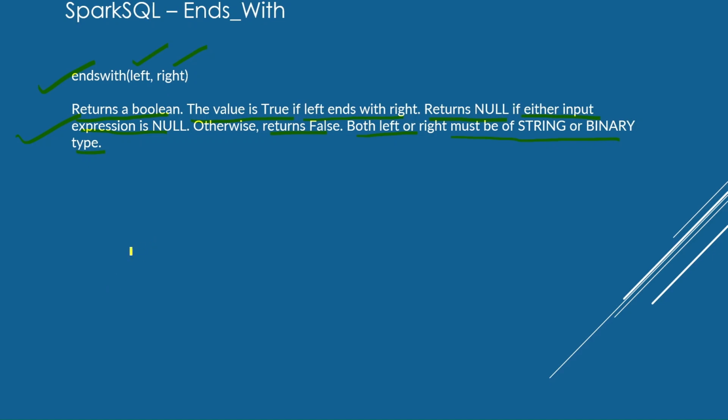What does it mean? Suppose left has the value Santosh Gupta. This is the left value. And suppose we want to put a condition that this left must end with the string Gupta. So if in the right part we put Gupta, then this ends with function will return true.